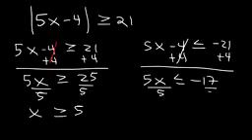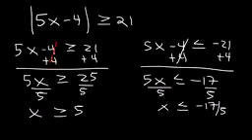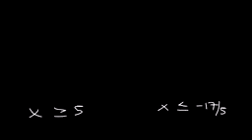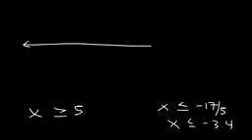And then we'll divide by 5. So x is less than or equal to negative 17 over 5. That's about negative 3.4. So now let's graph it.